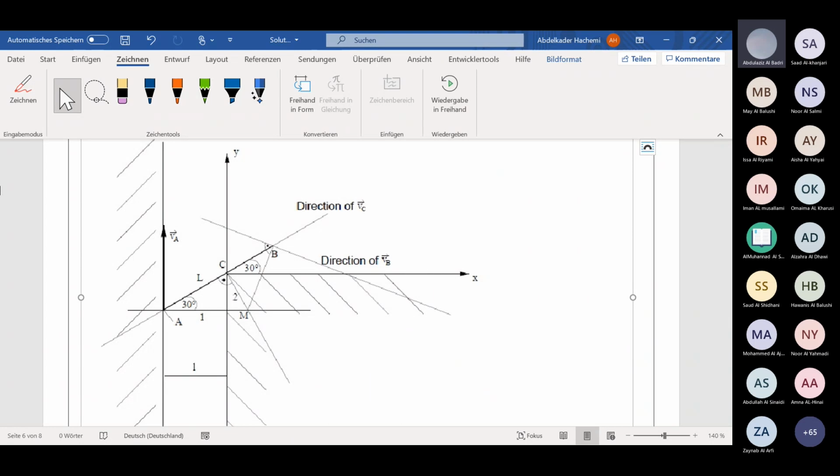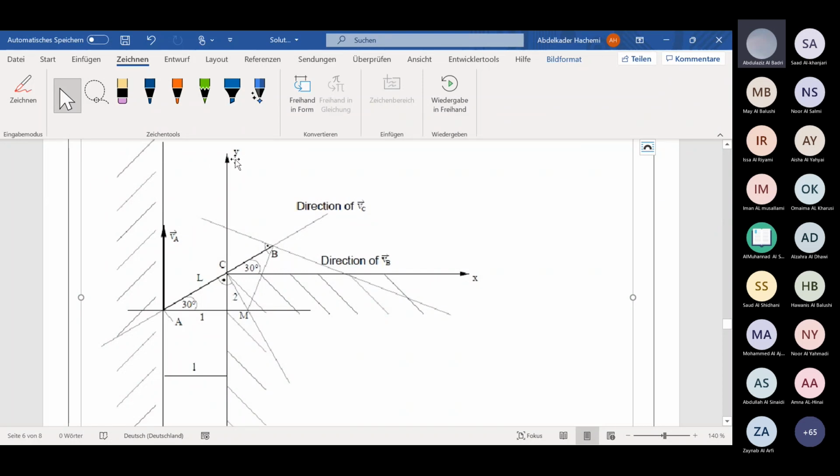Now what we know? We know the magnitude of VA. If we take the coordinate system X and Y, VA will have a component only in the Y direction.